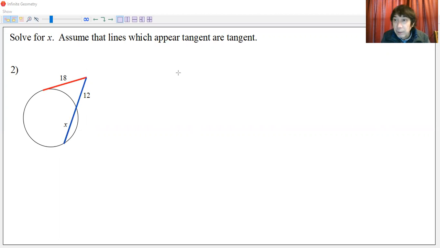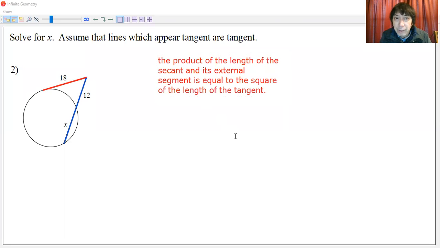That's the secant length. So our theorem here: the product of the length of the secant and its external segment is equal to the square of the length of the tangent.